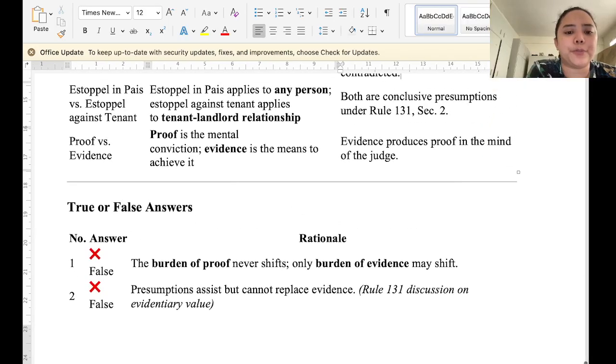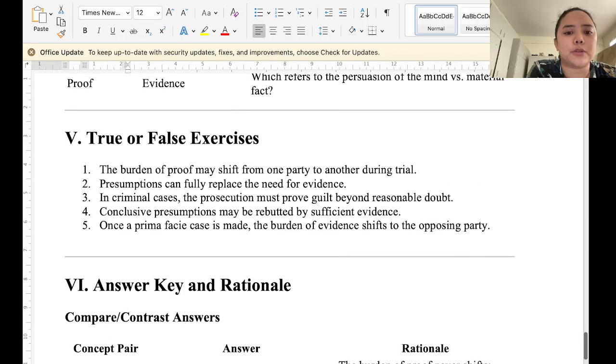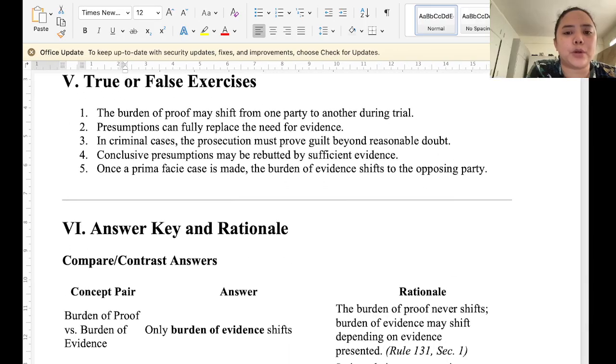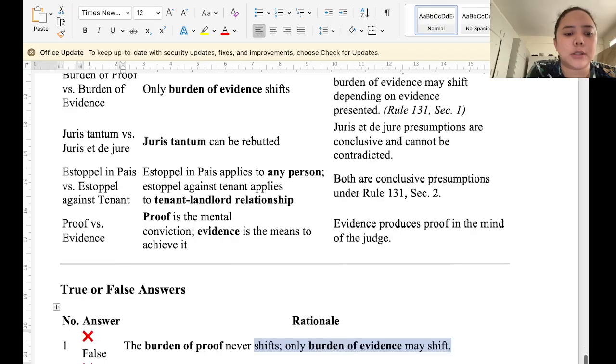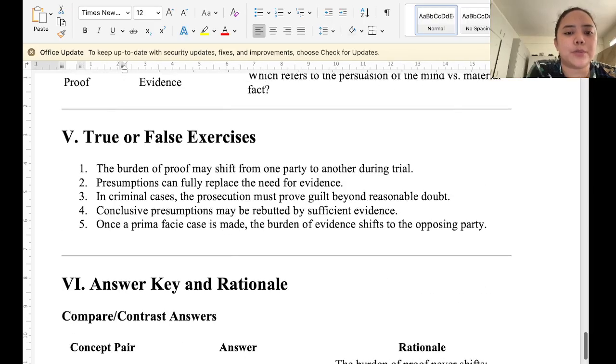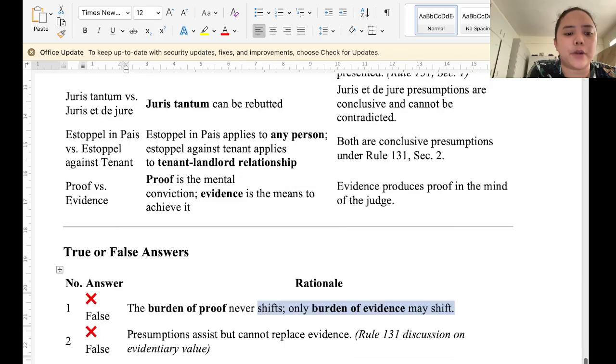First question: the burden of proof never shifts. Only the burden of evidence may shift. So the answer is false. Number 2, presumptions can fully replace the need for evidence. The answer is false. Presumptions exist but cannot replace evidence.